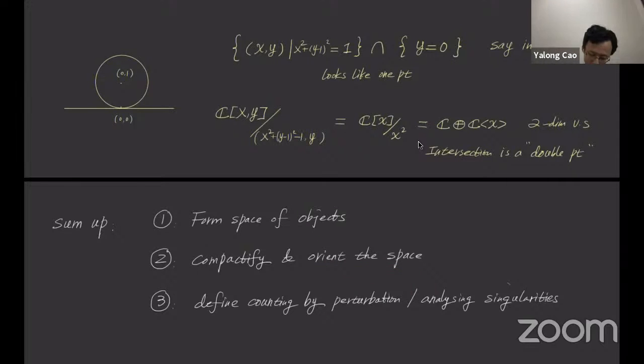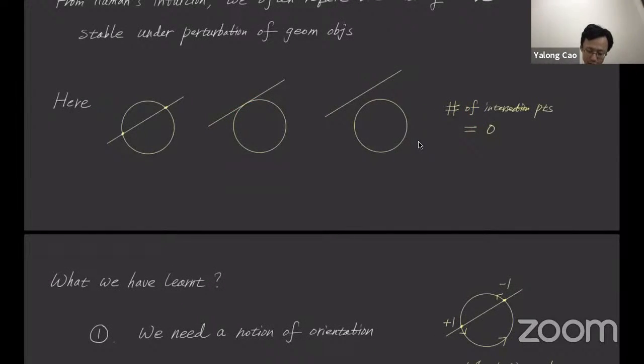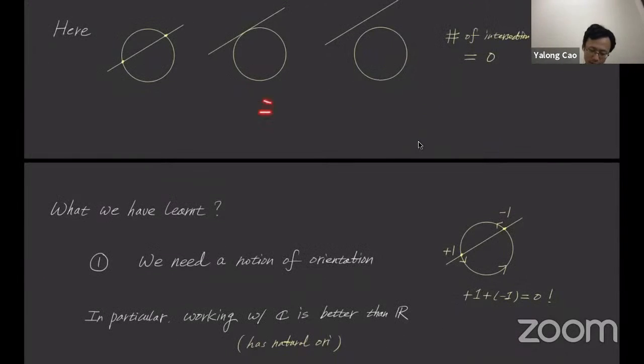And then we define this counting by perturbation of this space, or analyzing the singularity of the space, just like in the picture here. This is about this perturbation, and this is about analyzing the singularity. So in the end, all the ways give the same answer.